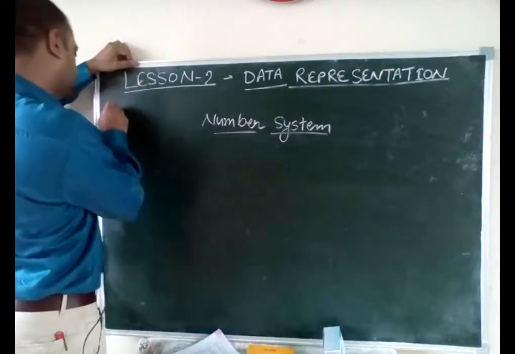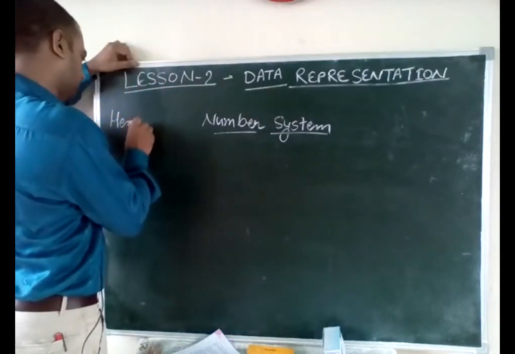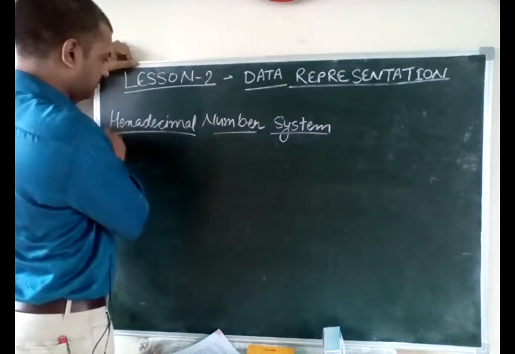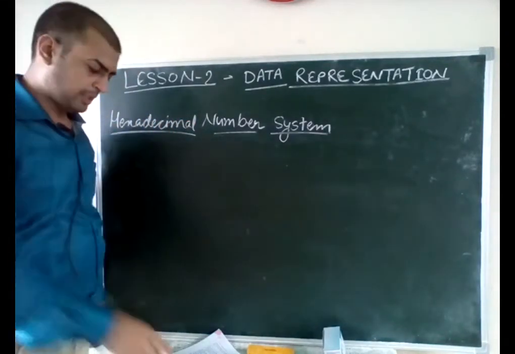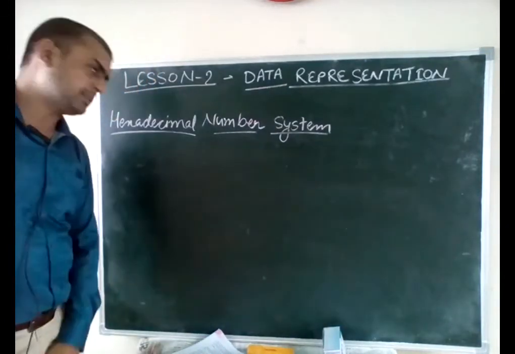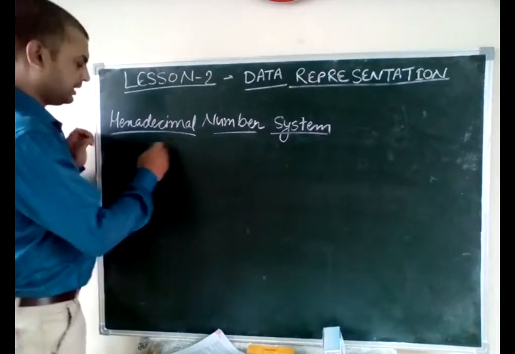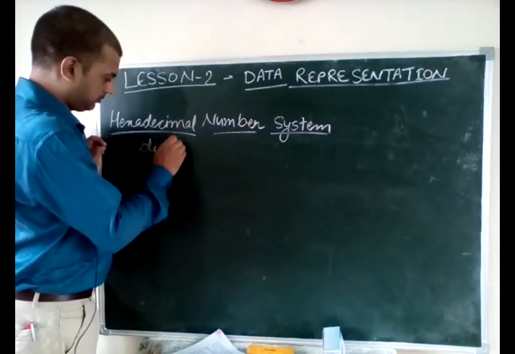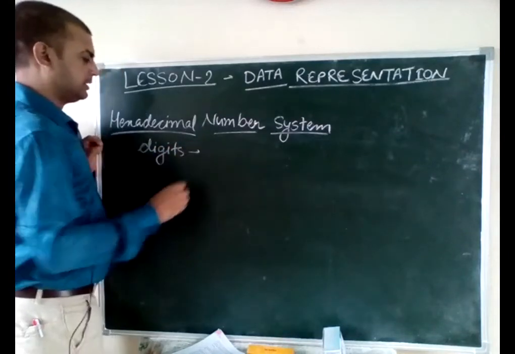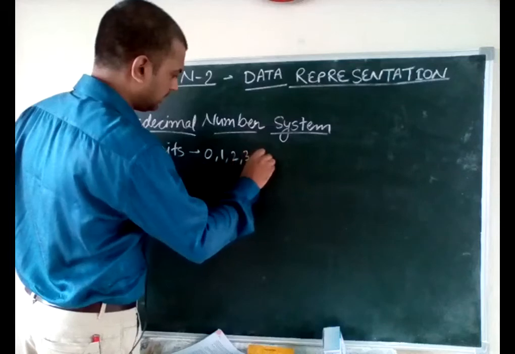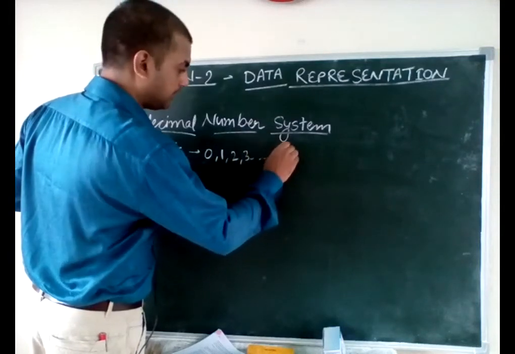Now the hexadecimal number system. In the hexadecimal number system there are 16 digits. These are digits 0, 1, 2, 3 up to 9.